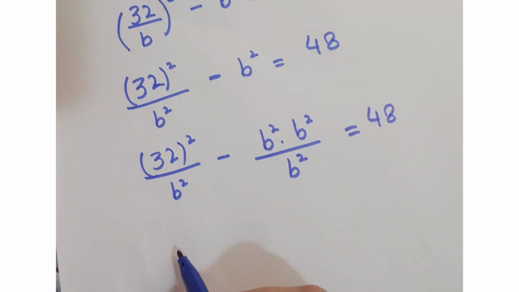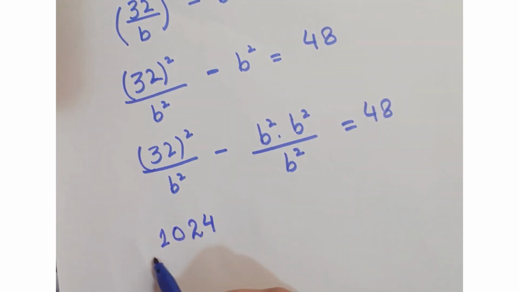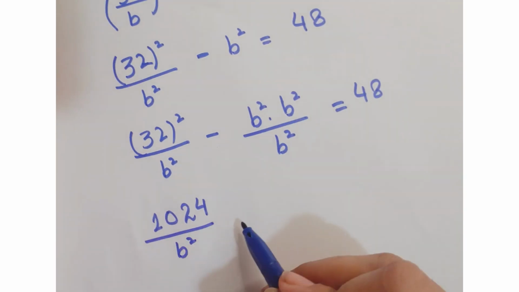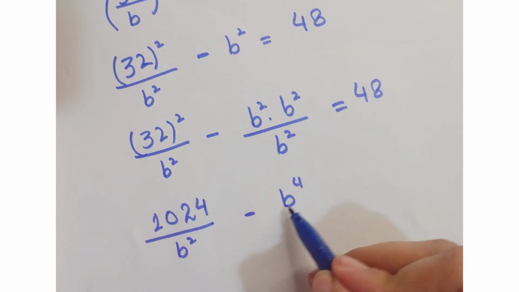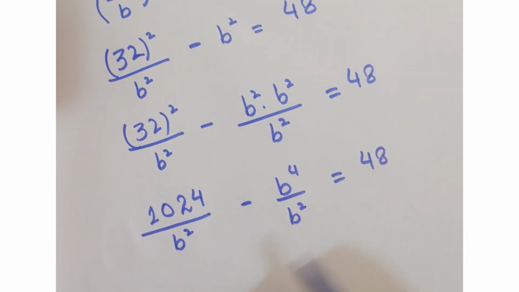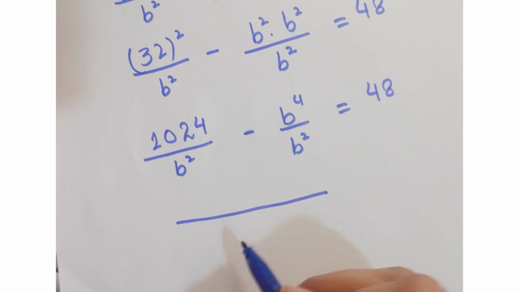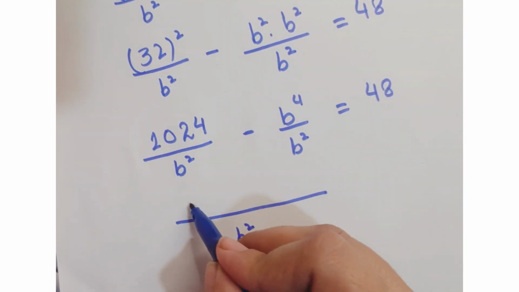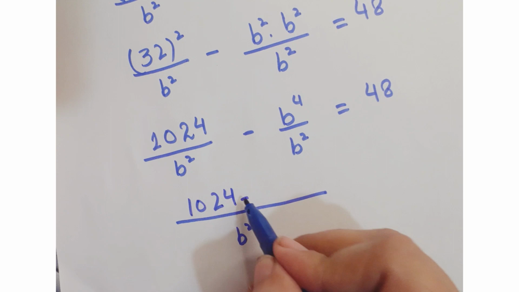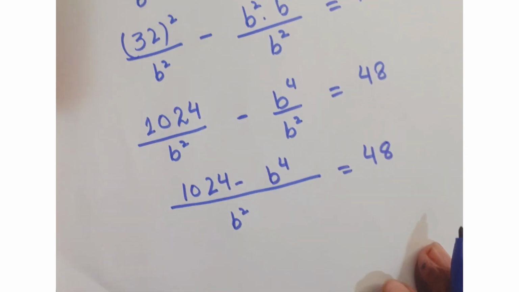So you get 1024 upon b square minus b to the power 4 upon b square is equal to 48. Further, just add them up, you get (1024 minus b to the power 4) upon b square is equal to 48.